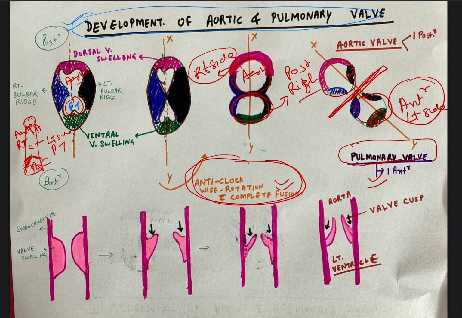Catch point is this: A has one P has one A. It means the aortic valve has one posterior swelling, and the pulmonary valve has one anterior swelling.